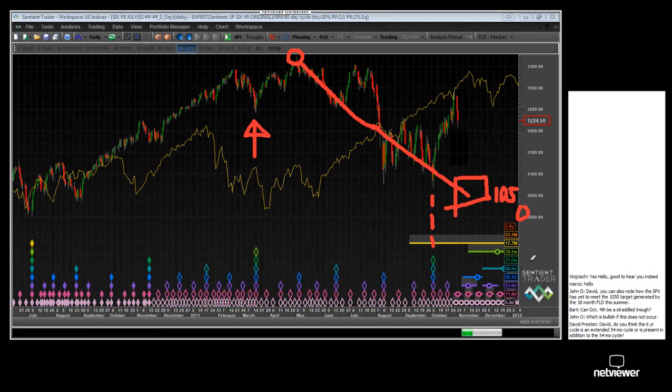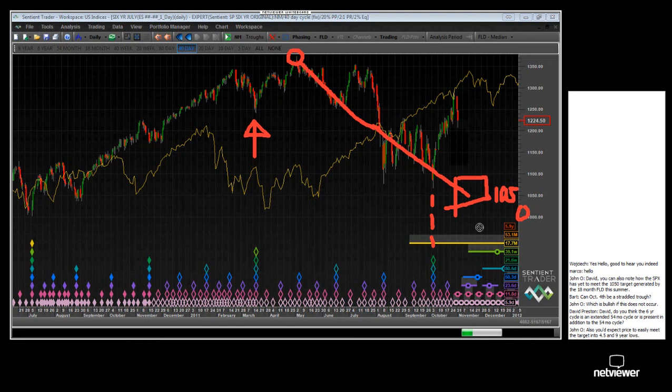But the result is that you get a projection box down to here, which is, as John mentioned, at the 1050 level. 1050. I'm not going to have space to write that. Okay, so the fact that price has not achieved that 1050 level in terms of moving downwards, perhaps that sounds weird, but if price is moving down towards a downward projection, then the lower it goes, the more it has achieved that price.